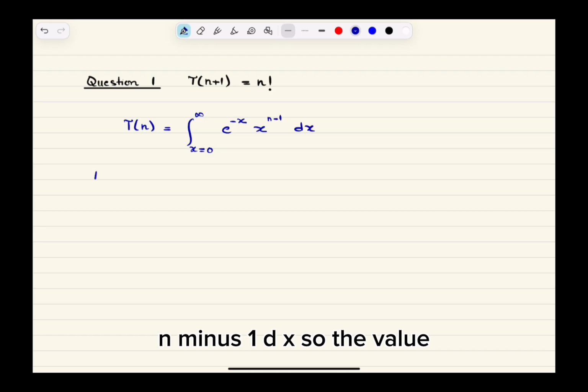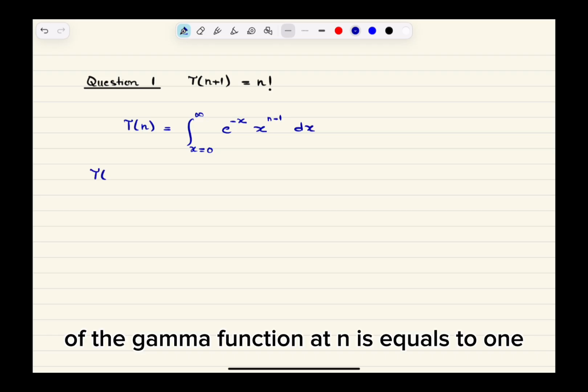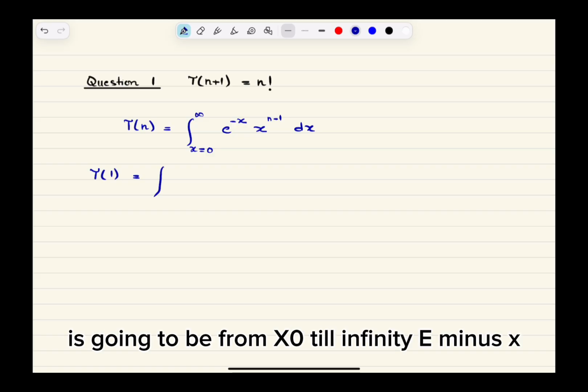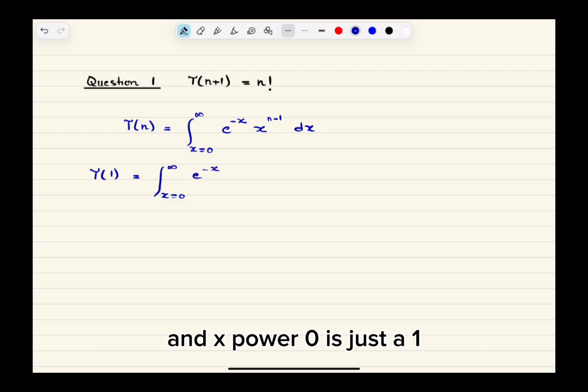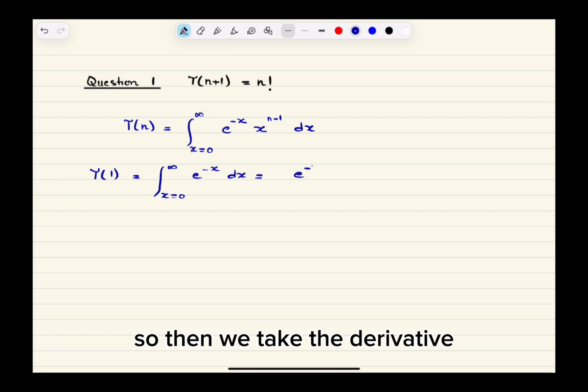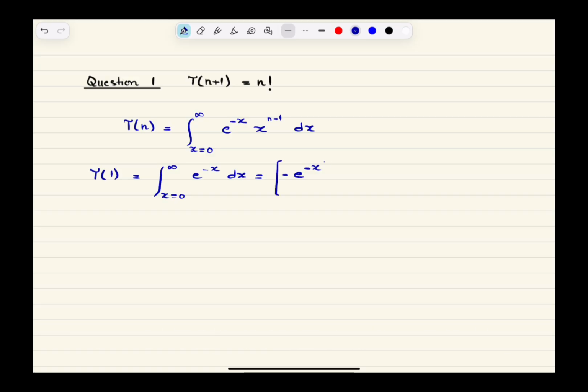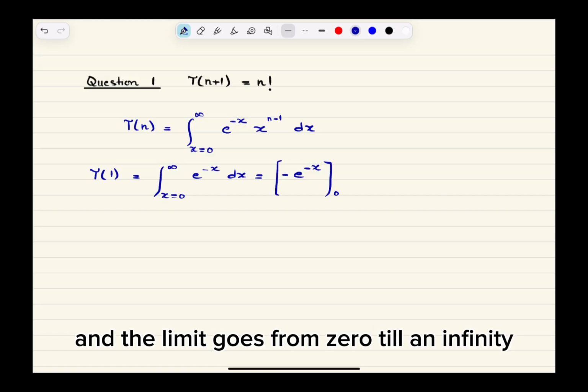So the value of the gamma function at n equals 1 is going to be the integral from x = 0 to infinity of e^(-x), and x to the power 0 is just a 1, so we don't need to write that. Then we take the integral of this, and the limit goes from 0 to infinity.